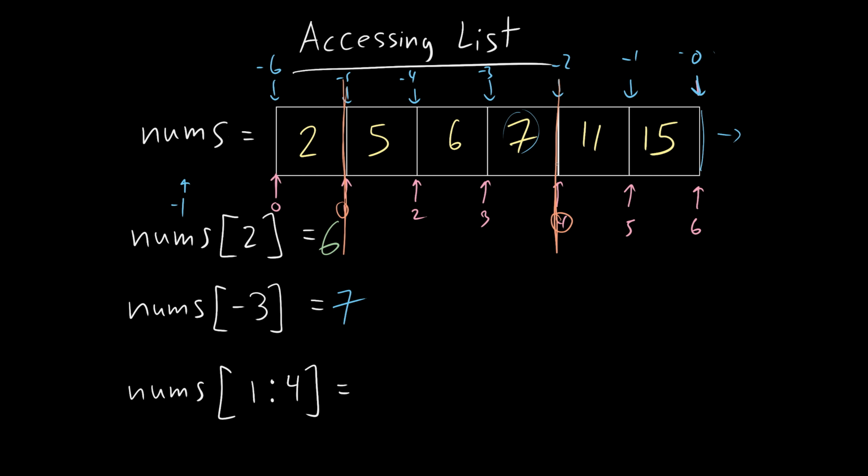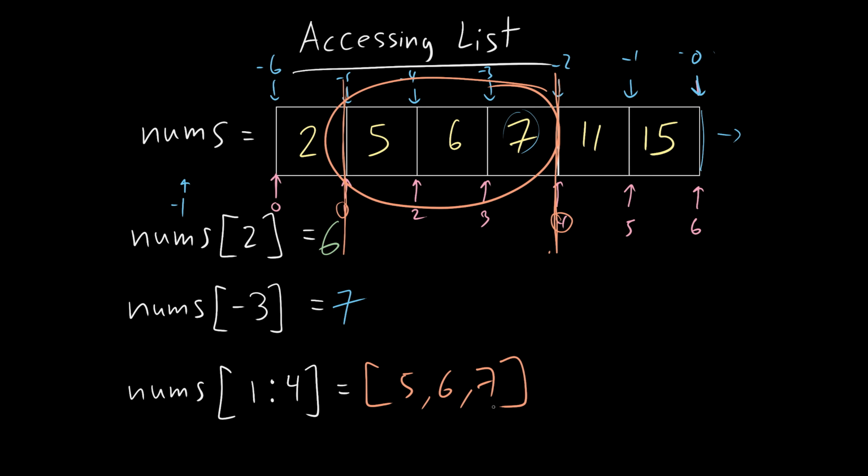So it's right here. So what does that mean? This actually gives us another list. It gives us the list from index 1 to index 4. And what is between 1 and 4? It's these guys. So this actually gives us 5, 6, 7. Pretty neat, right? So that is where visualizing the index this way becomes super handy.